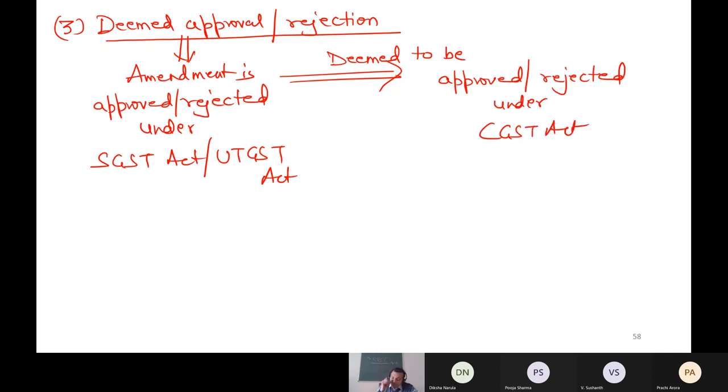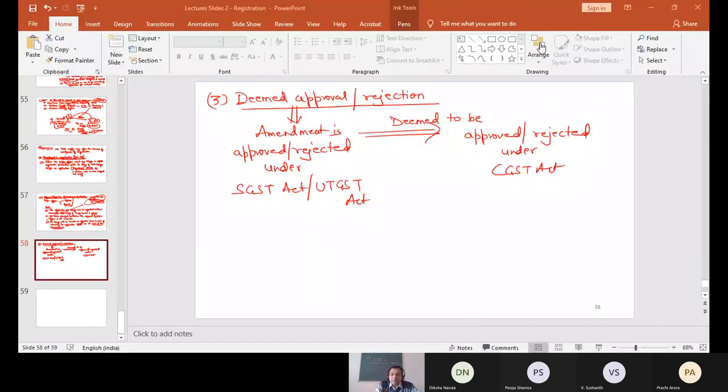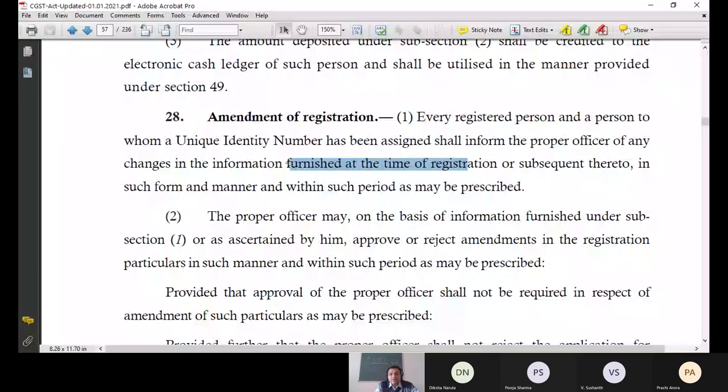This is what section 28 is, amendment in registration particulars. Let me share with you the Act so that I can show you what provisions we have discussed. Section 28, subsection 1, says that I should inform the changes in the prescribed manner.